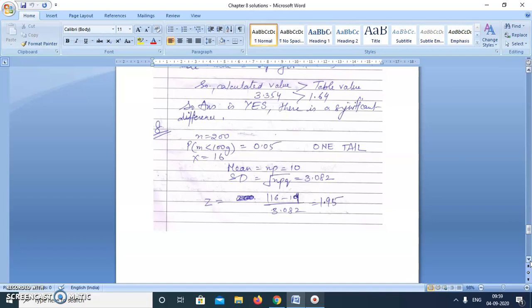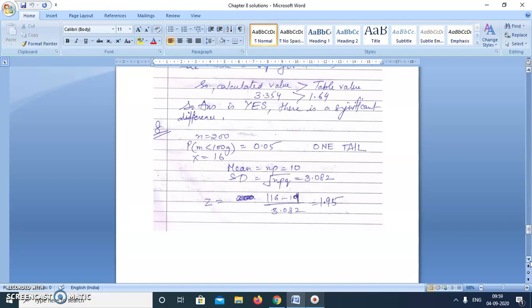Here n is 200 and the probability of finding a mass less than 100 grams is 0.05. NP is the mean, which is 0.05 into 200, that is 10. The standard deviation is equal to root NPQ, which is 3.082.